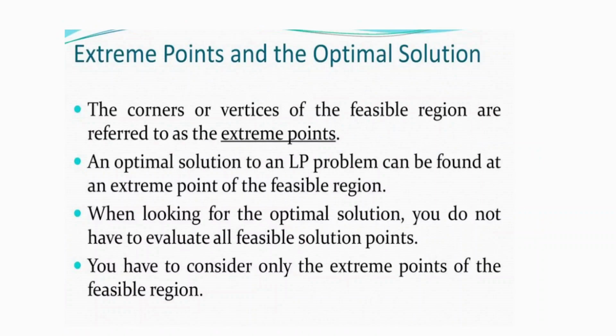Moreover, the extreme points that I told you, the corners of the feasible region, would be giving you the optimal solution at last. So the optimal solution can be found at the extreme point of the feasible region, and all the solutions that is inside the feasible region is generally feasible solution points only.